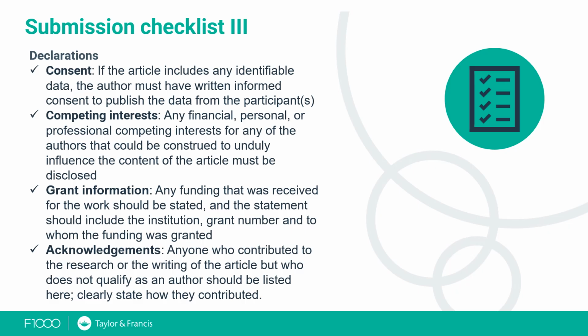Then finally, you'll be asked to acknowledge anyone who contributed to the research or the writing of the article but did not qualify as an author. We have some advice on our publishing policies page about authorship and how we define authorship. Also on the CRediT taxonomy page, you can look at the Committee on Publication Ethics. It's got some useful guides there as well.